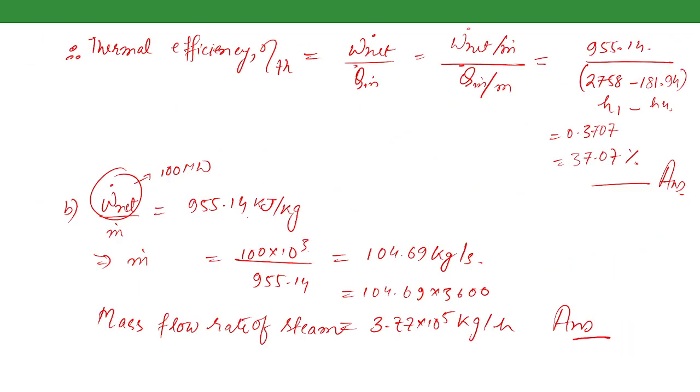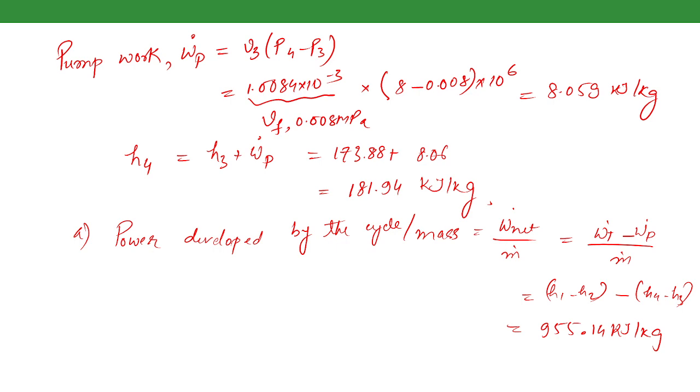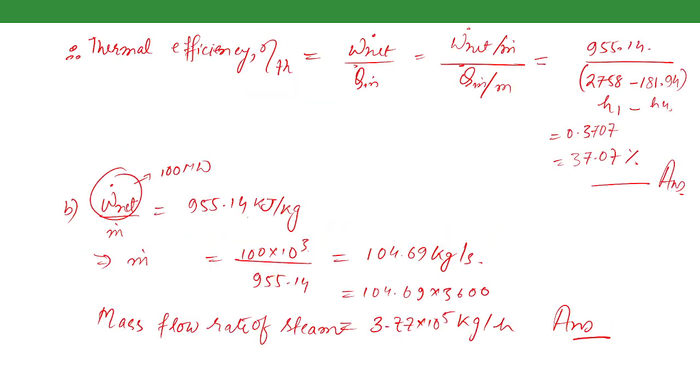We have found the isentropic pump work to be 8.06, so 8.06 divided by the isentropic efficiency of 0.85 comes out to be 9.48 kilojoule per kg.